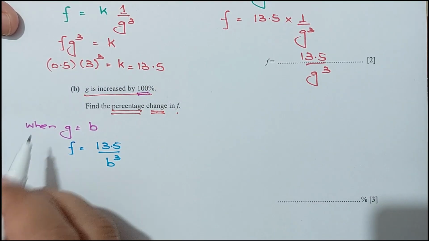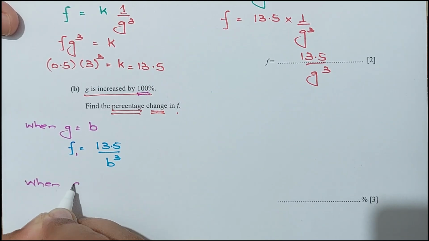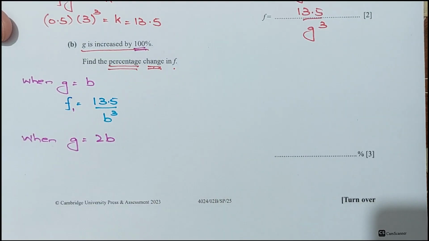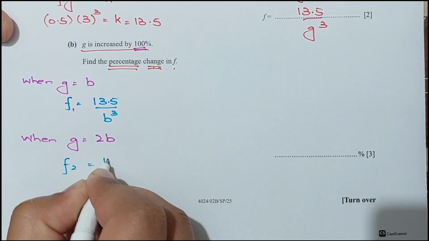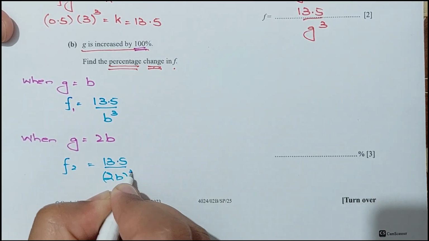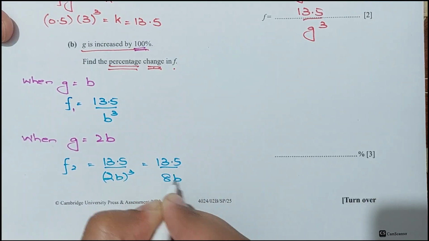This is F1. When G is equal to 2B, because it is increasing 100%: B, 2B, 3B. Now what would be the F2 value? F2 value is 13.5 over 2B whole cube. This is 13.5 over 8B cube.